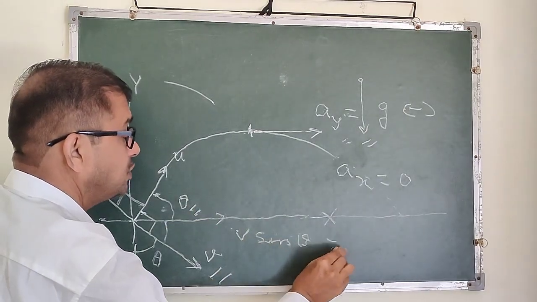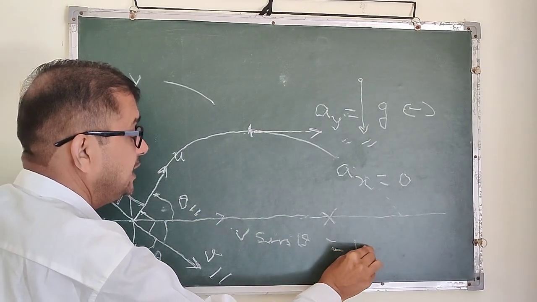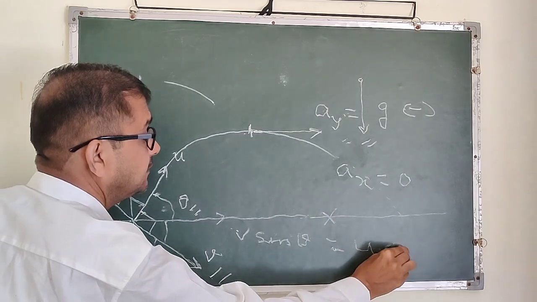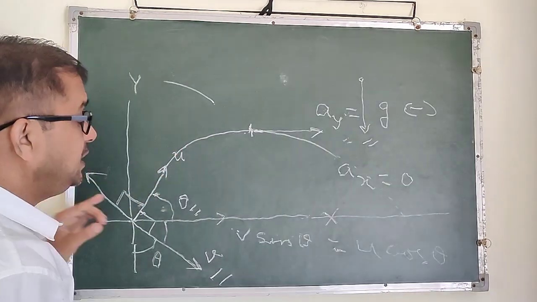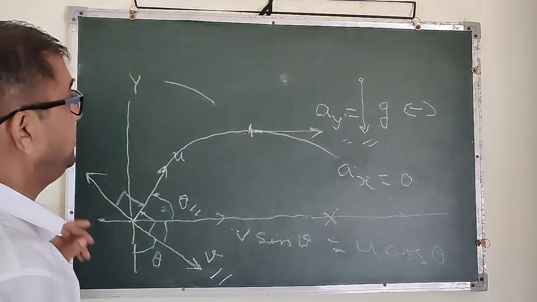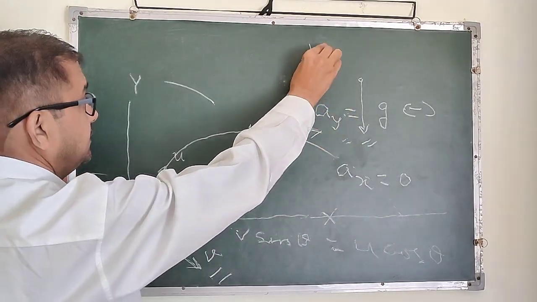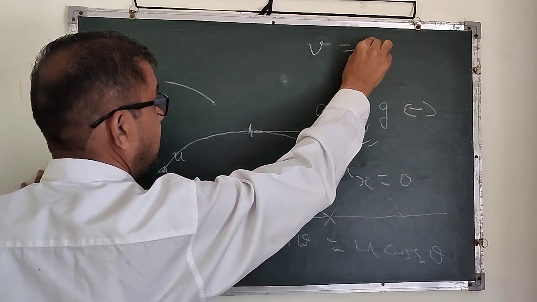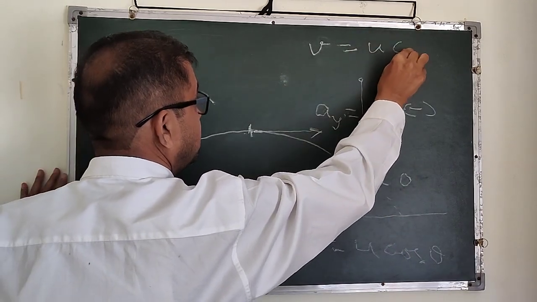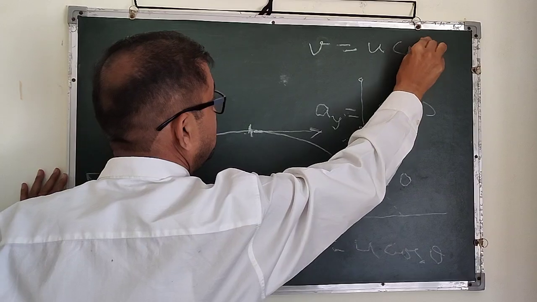Because the horizontal velocity remains constant, it equals u cos theta. Therefore v is equal to u cot theta, because cos theta upon sin theta is cot theta. Means the velocity at that instant will be u cot theta.